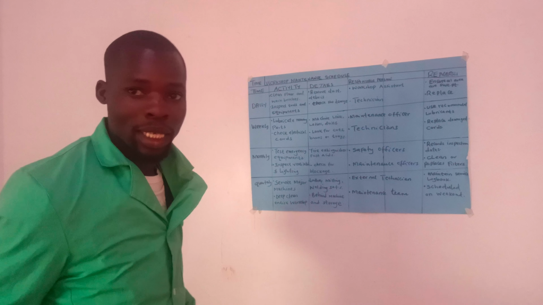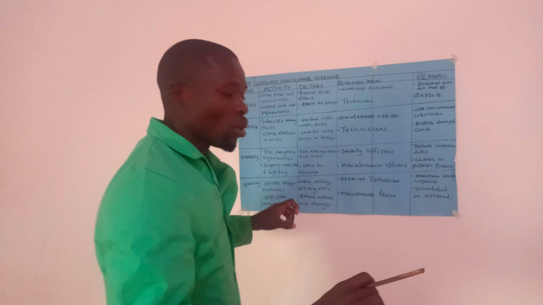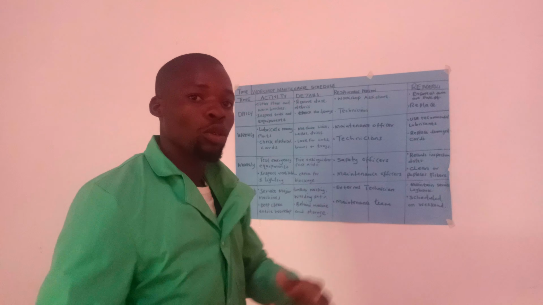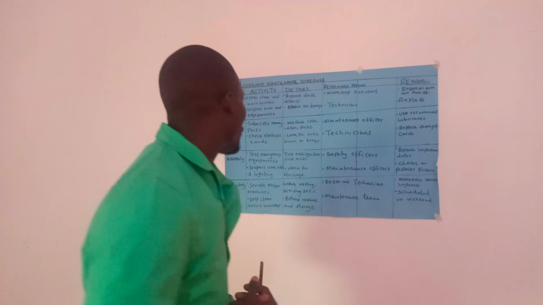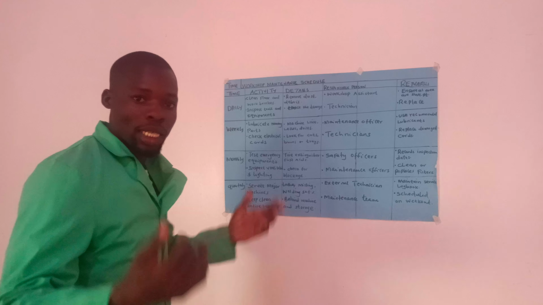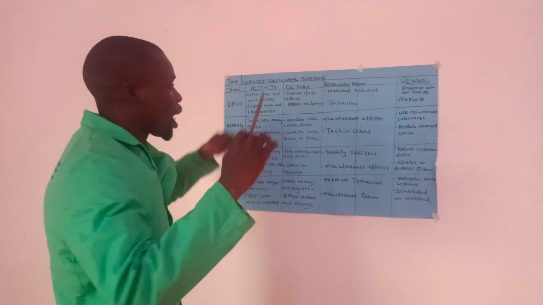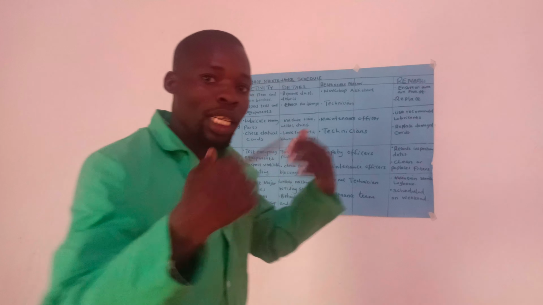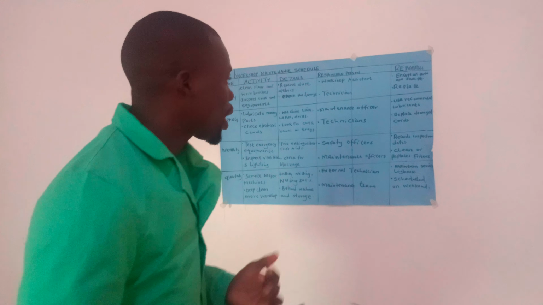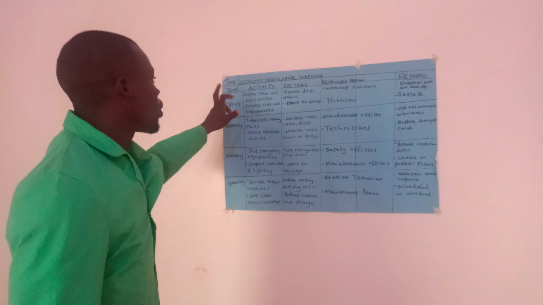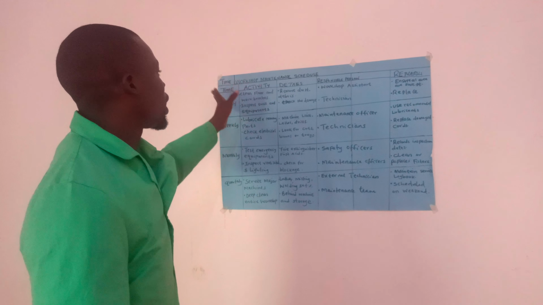You have to tabulate how you will carry out your maintenance schedule. In a maintenance schedule, there are some activities that have to be included. One of them is that it has to be tabulated.